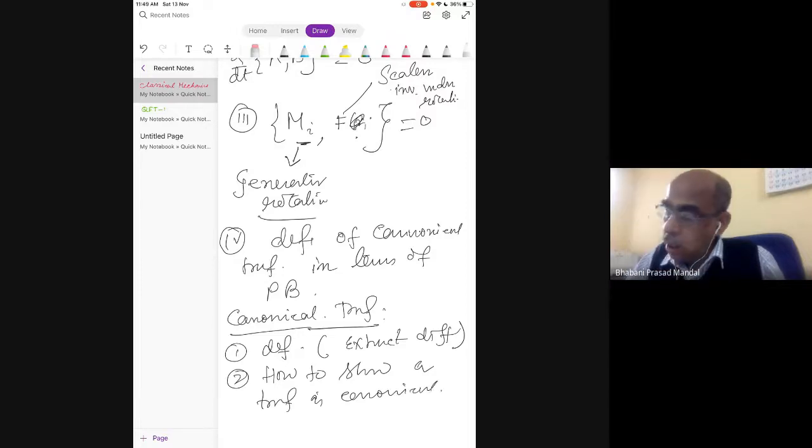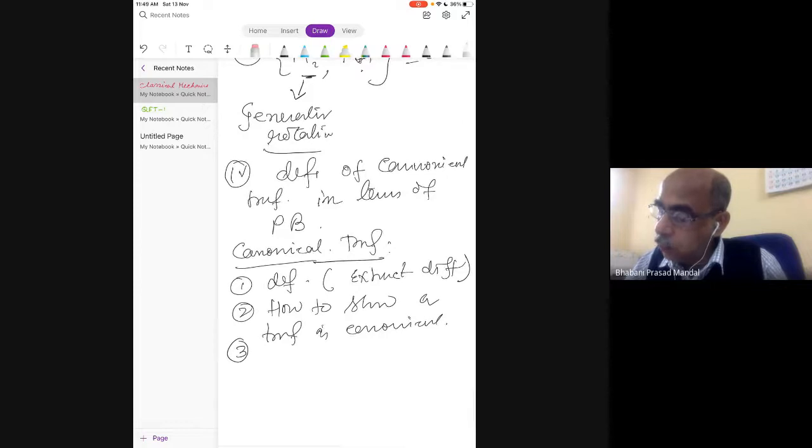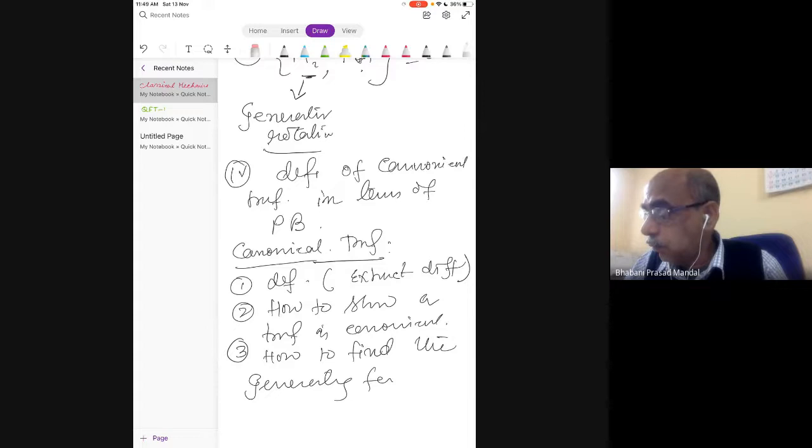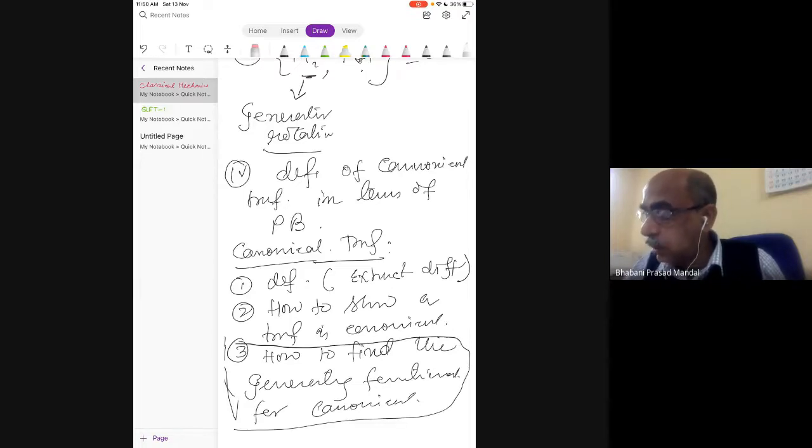And third is how to find the generating functional. For canonical transformation, this is the most important. There are 4 types of generating functional, and you need to solve many problems to get this good.